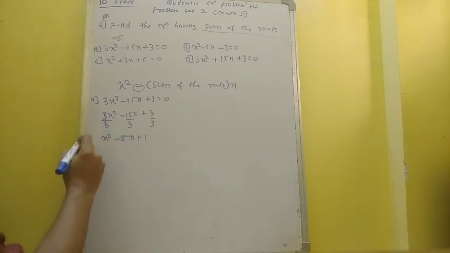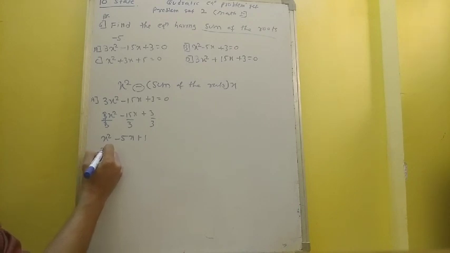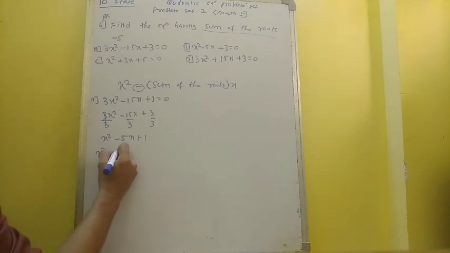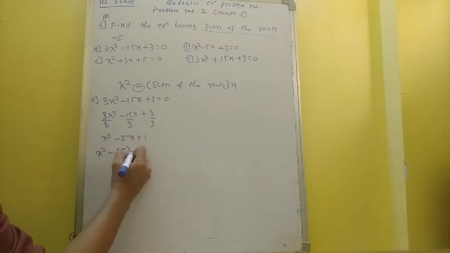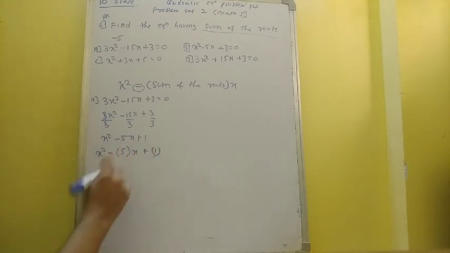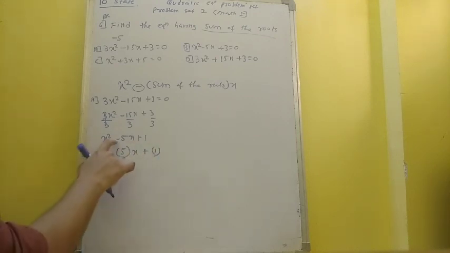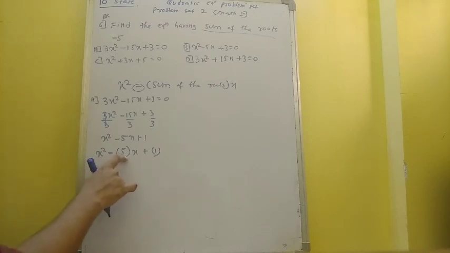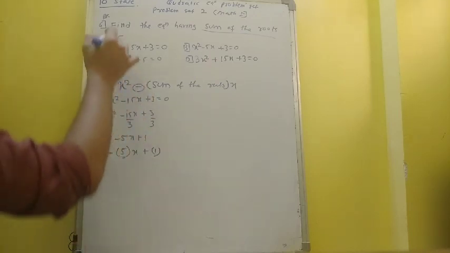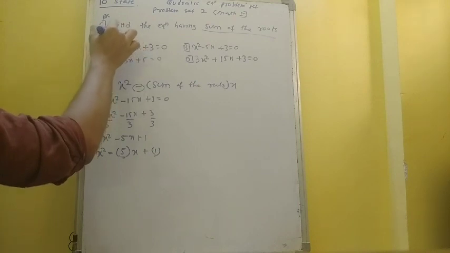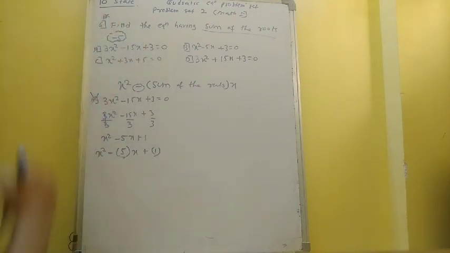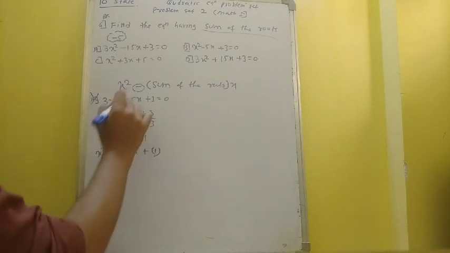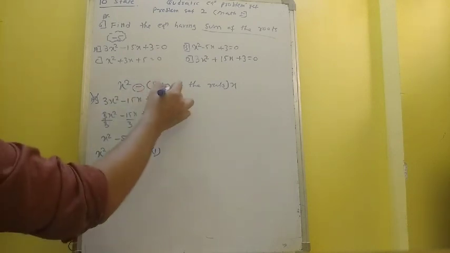But if I write it properly, it will be x square minus, so 5 will be the sum of the roots because the minus sign is going outside. So the sum of the roots is 5 over here and we want it as minus 5. Therefore, this is not the solution. So A is gone.